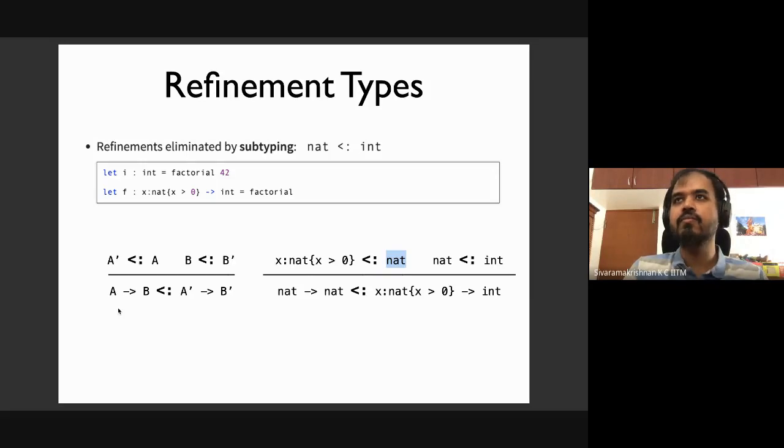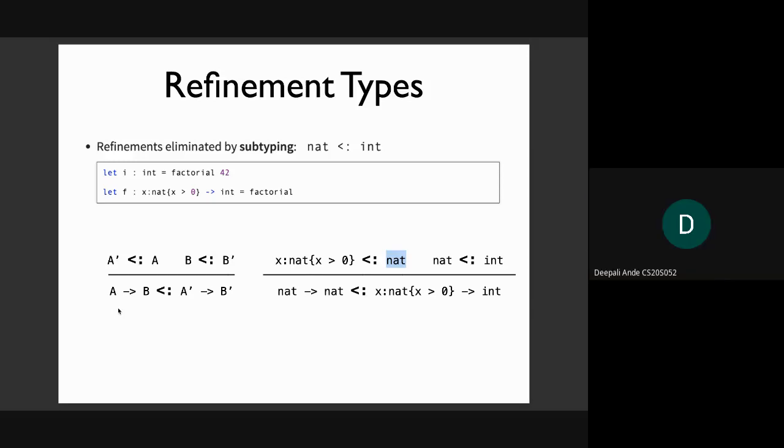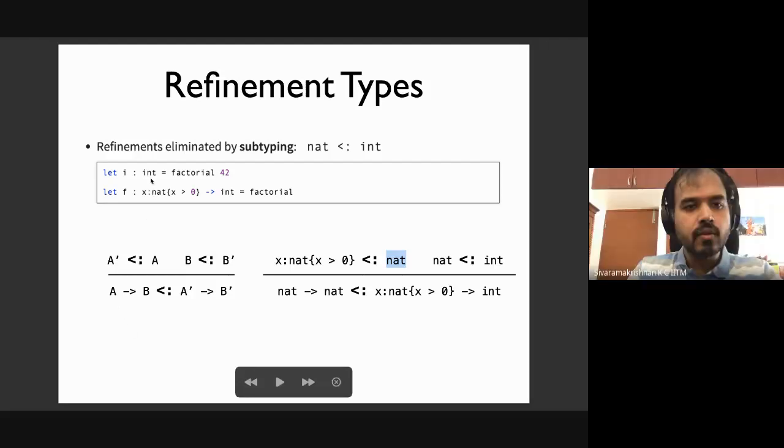Questions on this? Yeah, go ahead, Deepali. Sir, if instead of int in a function, if I use nat x greater than or equal to one, then according to the definition, it is wrong. It is not the subtyping, but actually it is the correct definition of the factorial. So where is it?